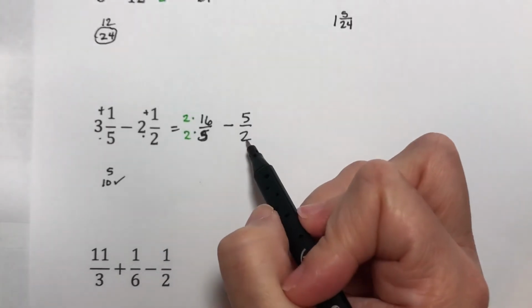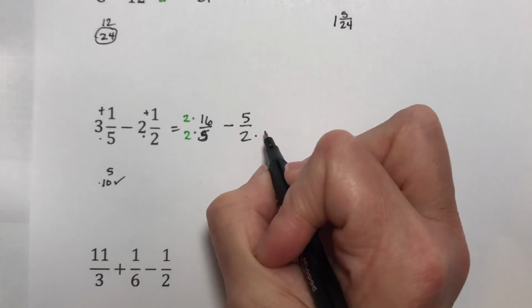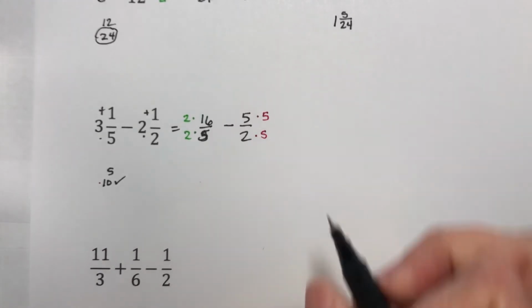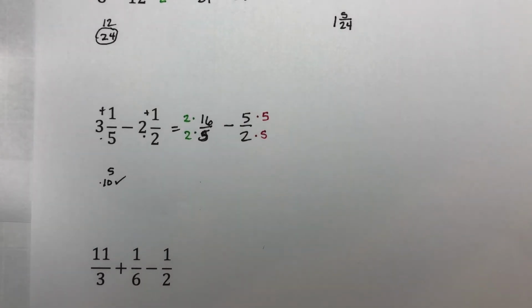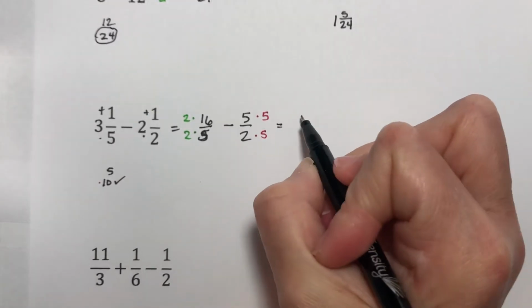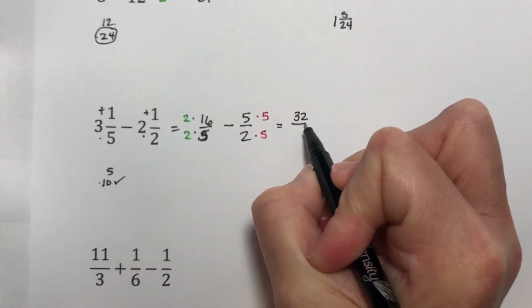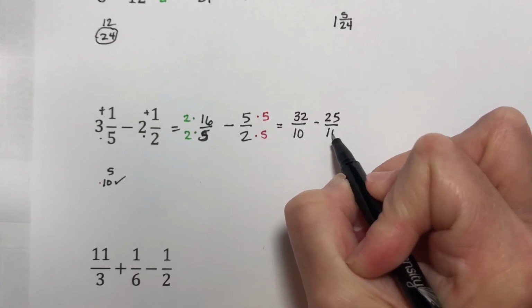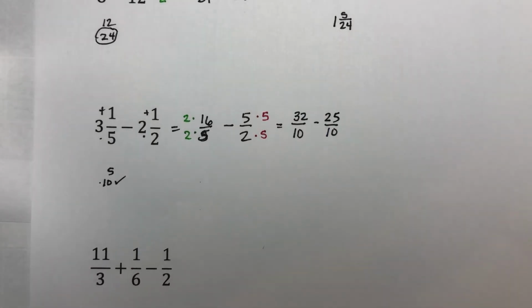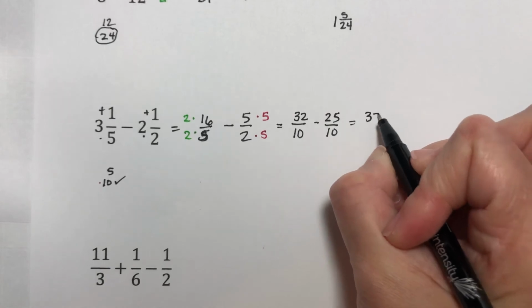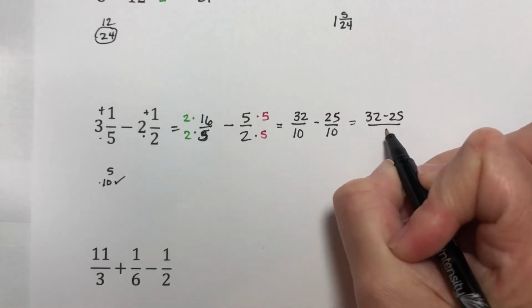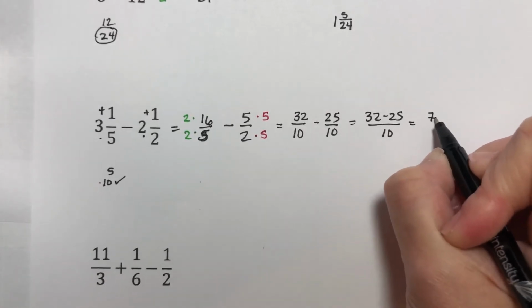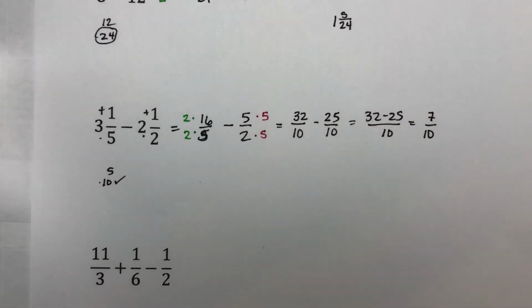And then to change the 2 into a 10, I multiply it by a 5, so multiply the top by 5 as well. So this becomes 32 over 10 minus 25 over 10. Now, 32 minus 25 is 7. So 32 minus 25 over 10 will be 7 over 10. 7/10 would be your answer.